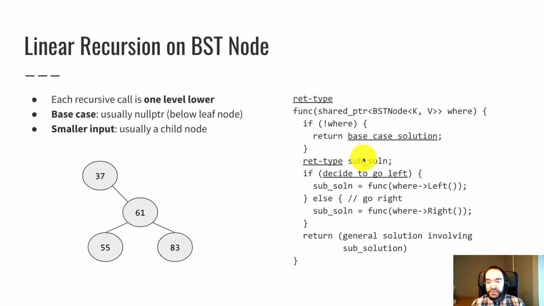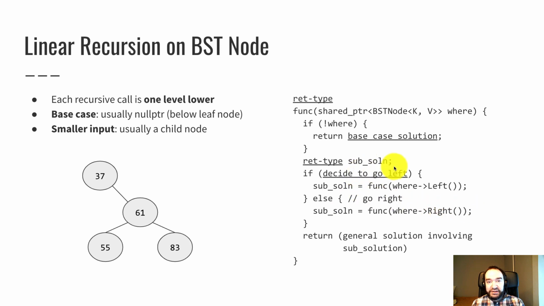Otherwise, we create the sub-solution, but we have to decide if we're going to make a recursive call on the left child or the right child. So I declare the same return type called sub-solution, and if we decide to go left, then the sub-solution is equal to the recursive function call on where's left. Else, meaning we did not decide to go left, so by default we decided to go right, then sub-solution is equal to the function call on where's right.